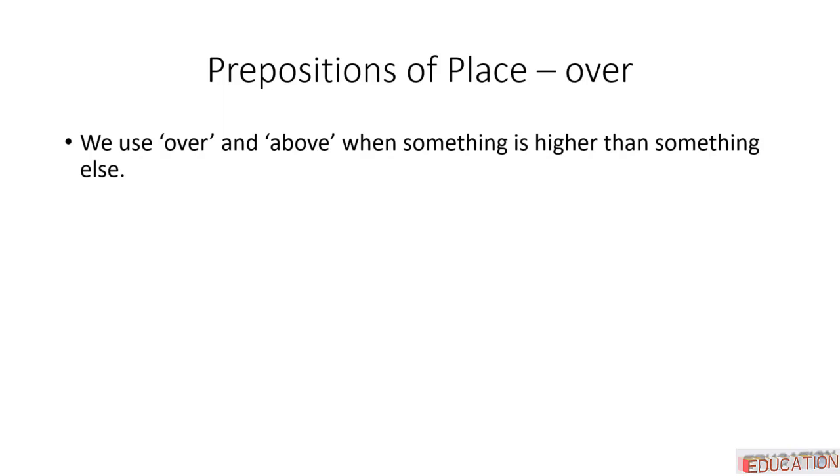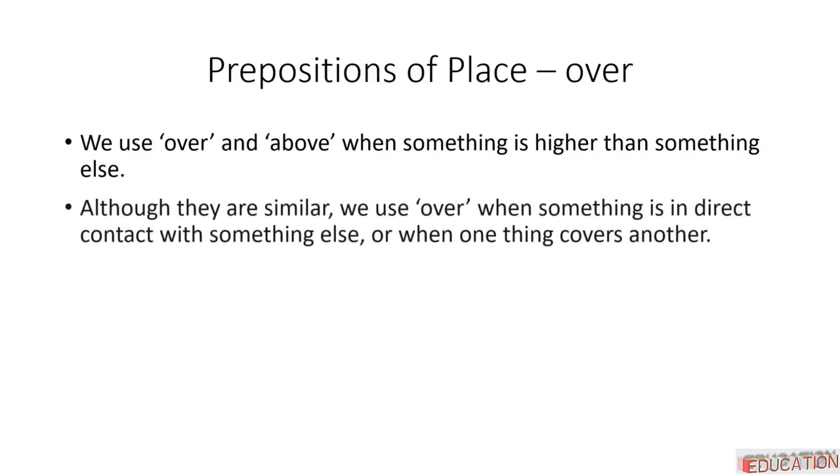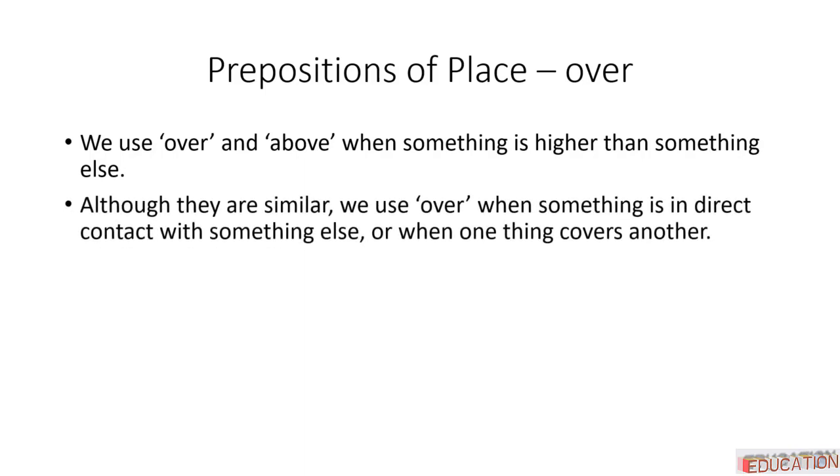And we use over and above when one thing is higher than something else. And these are very similar, but we use over when one thing is in direct contact or when one thing covers another. We'll see the examples.